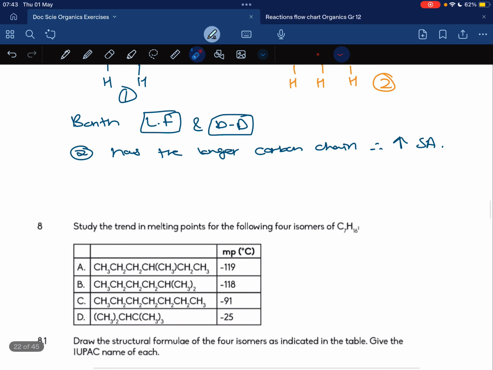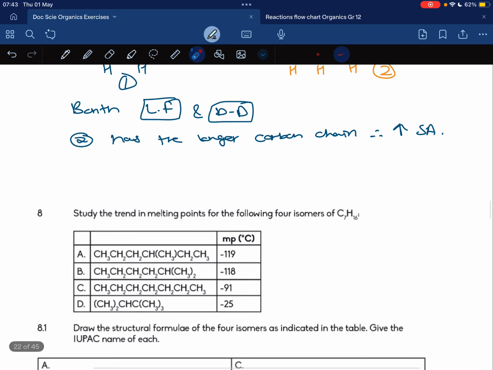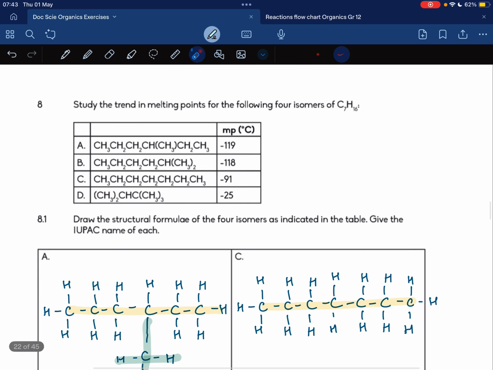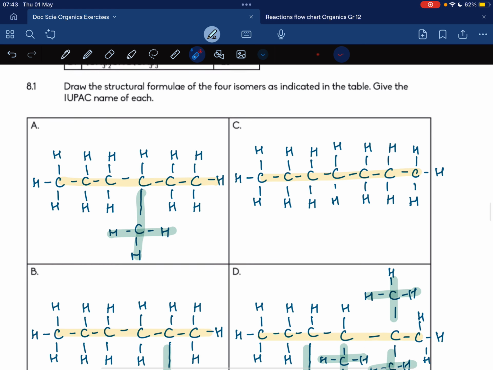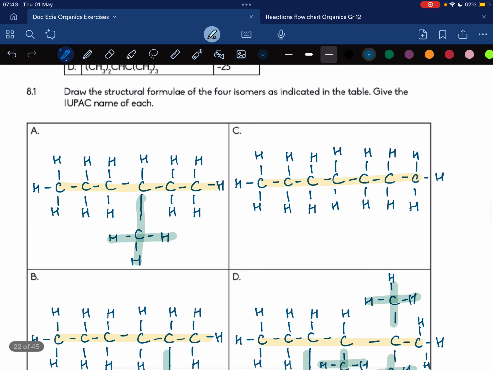Then if we look at number 8, I've drawn in all the structural formulas for you. I noticed that it actually asked you for the IUPAC names as well, so I'll also write that for you.